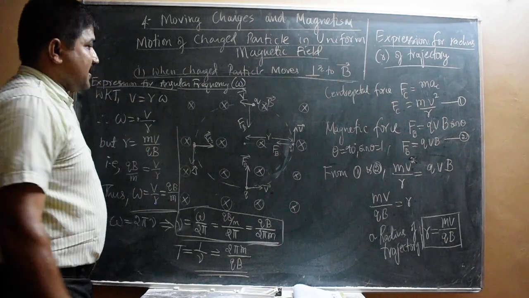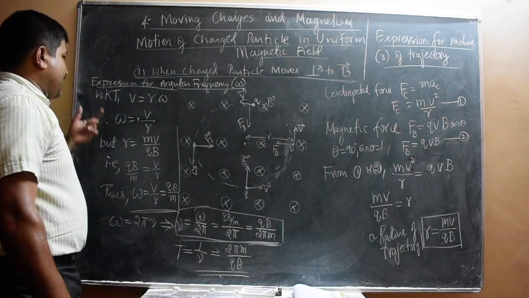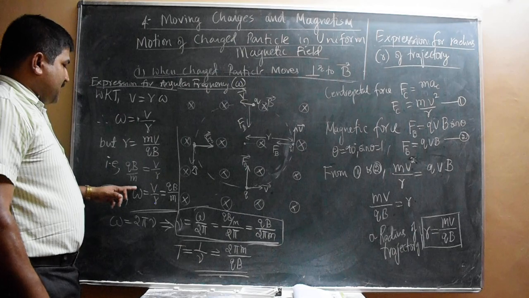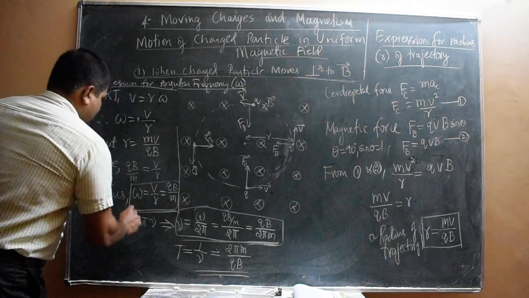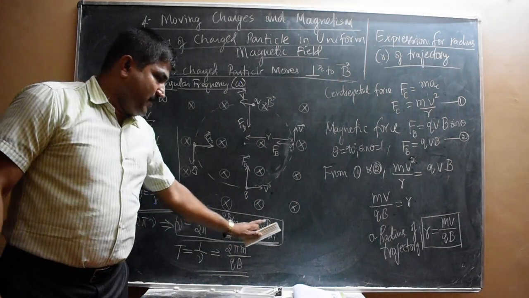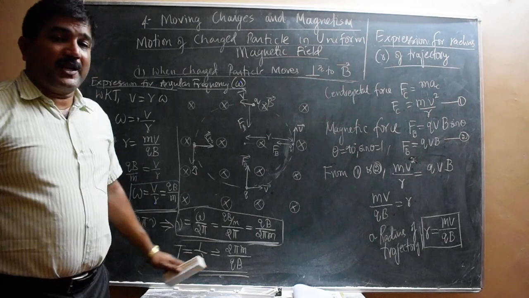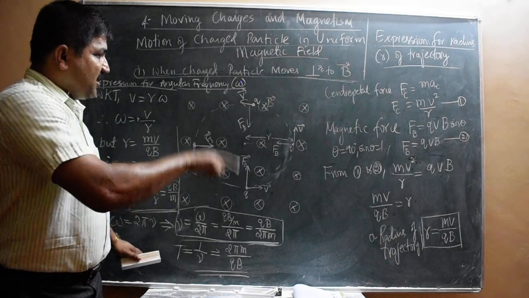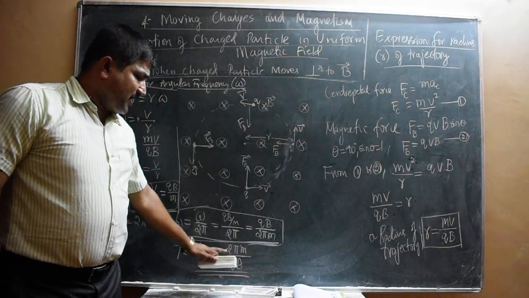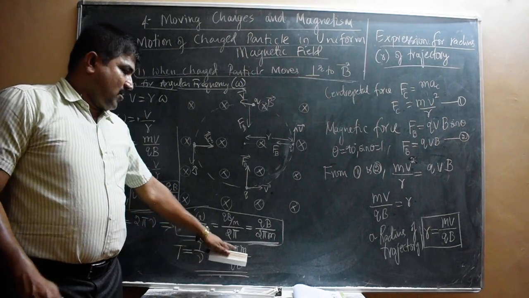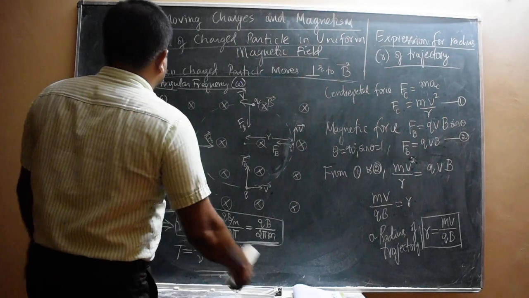Then angular frequency omega is qB by m, and frequency is qB by 2 pi m. And lastly, time period, how much time it takes to complete one revolution, is 2 pi m by qB. You might remember that the 2 pi term is very common in time period expressions.